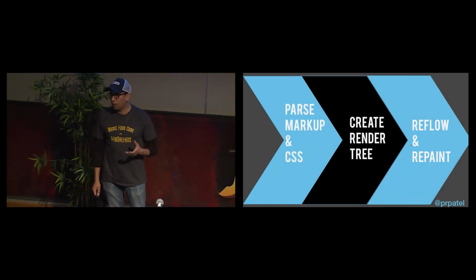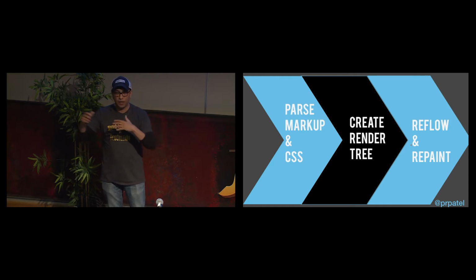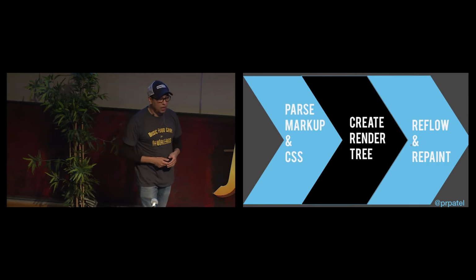A flow or a reflow is the browser figuring out exactly where in the view that component should live. How big is it? How many pixels wide is it? Where does it fit in relation to the other elements around it?